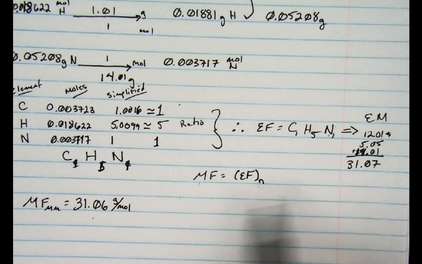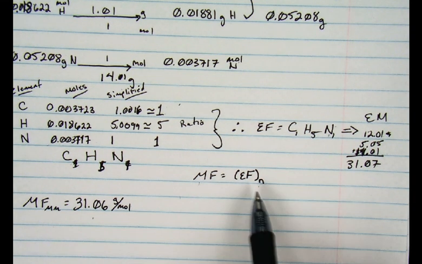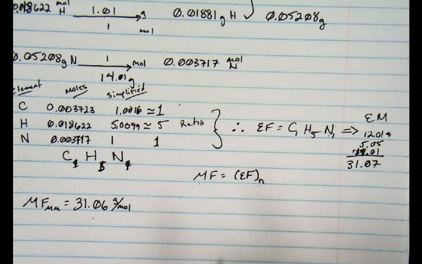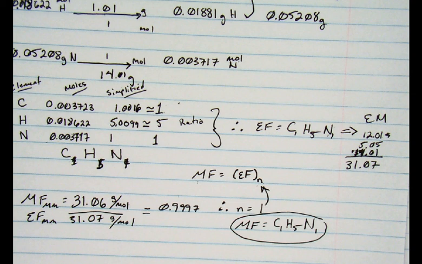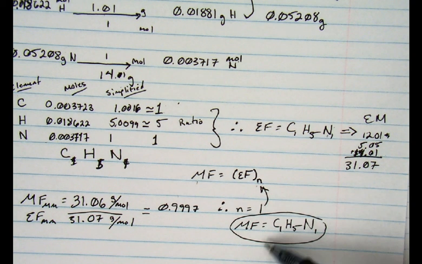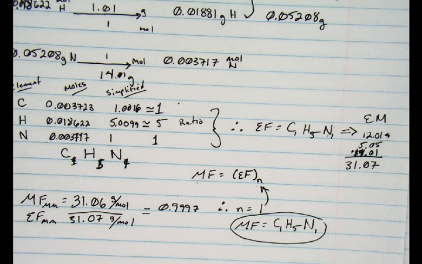If we divide one by the other, we find that n is 1. We come out with 0.99, which is really close to 1. So we're going to say, therefore, that n is 1, and therefore our molecular formula is the same as the empirical formula.